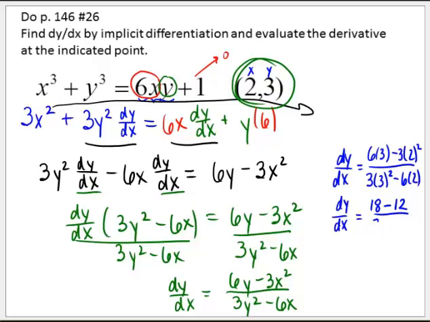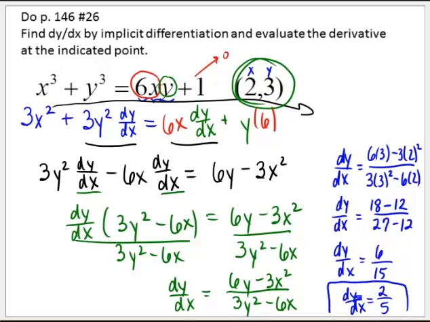I have 27 minus 12. And I end up getting 6 over 15, which I could then reduce to 2 over 5. So just as with regular derivatives, we have a general derivative, and then we have a more specific answer once you plug in the numbers.